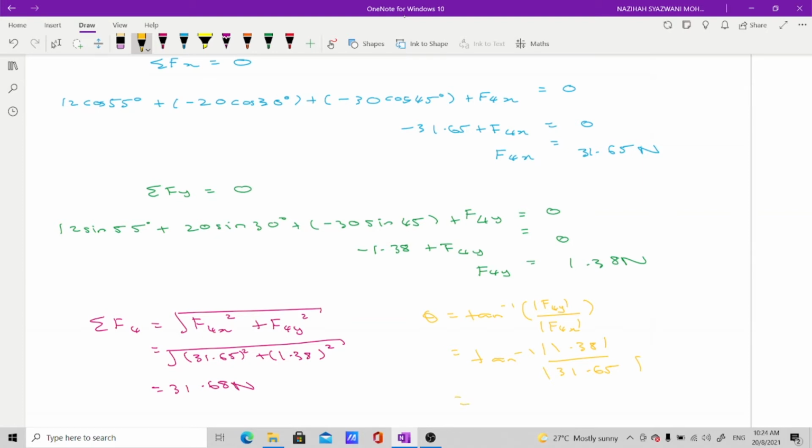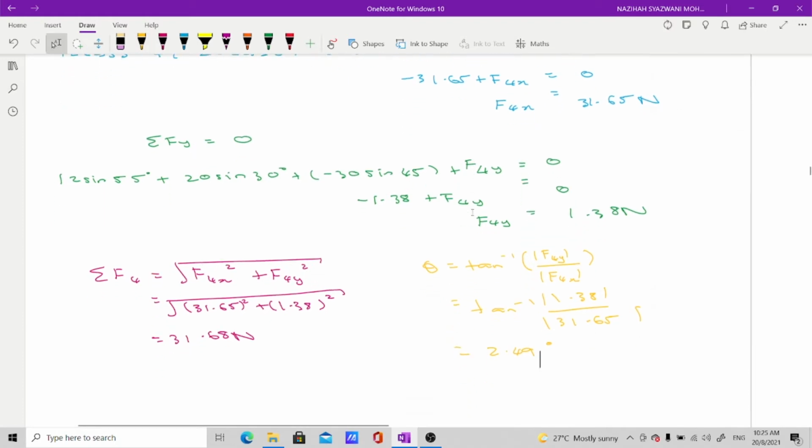So for this one, we have inverse tangent of 1.38 divided by 31.68. So your answer would be 2.49 degree.